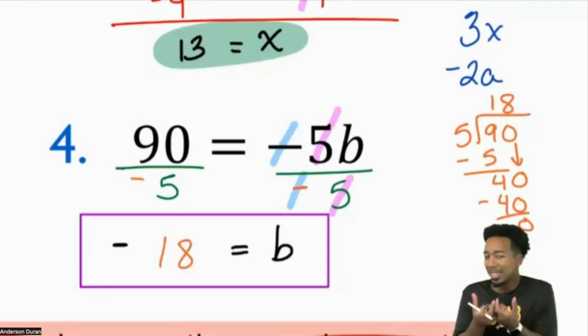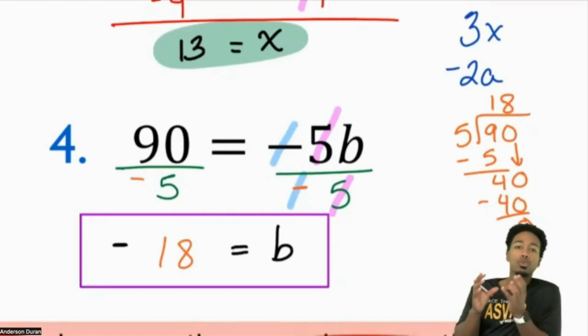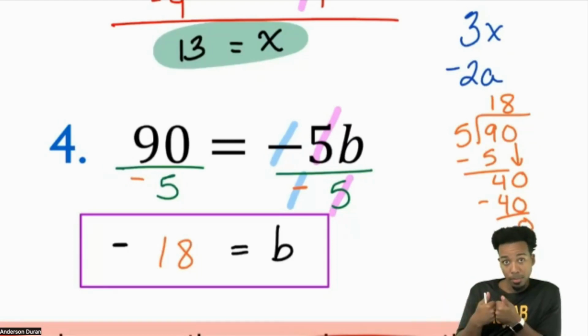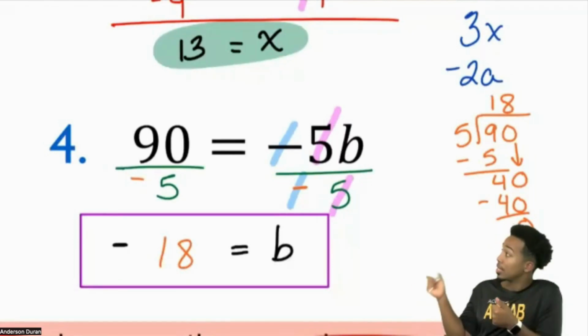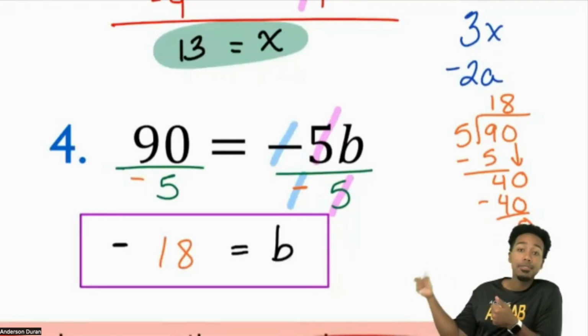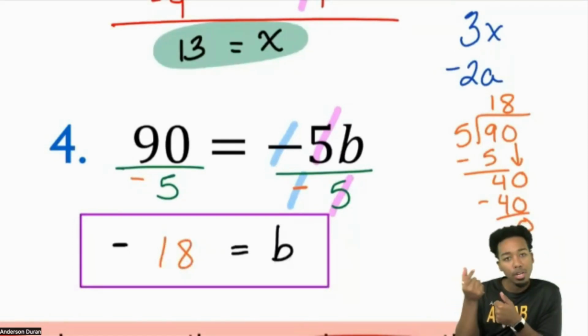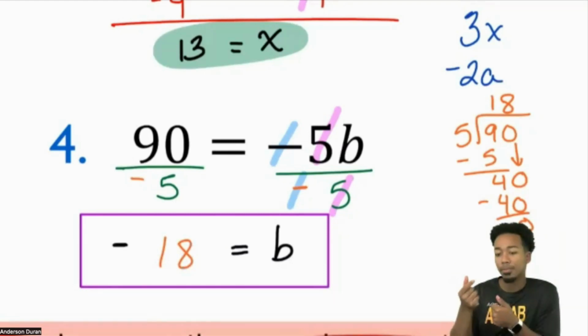That's one of the main things that a lot of people miss. I'm going to say it one more time. Remember, you're trying to isolate the variable. So if there's a number attached to the variable, you need to understand the sign that's in front of it as well. Negative 5b means negative 5 times b. So you would just change the operation, same number, divide by negative 5 every single time.